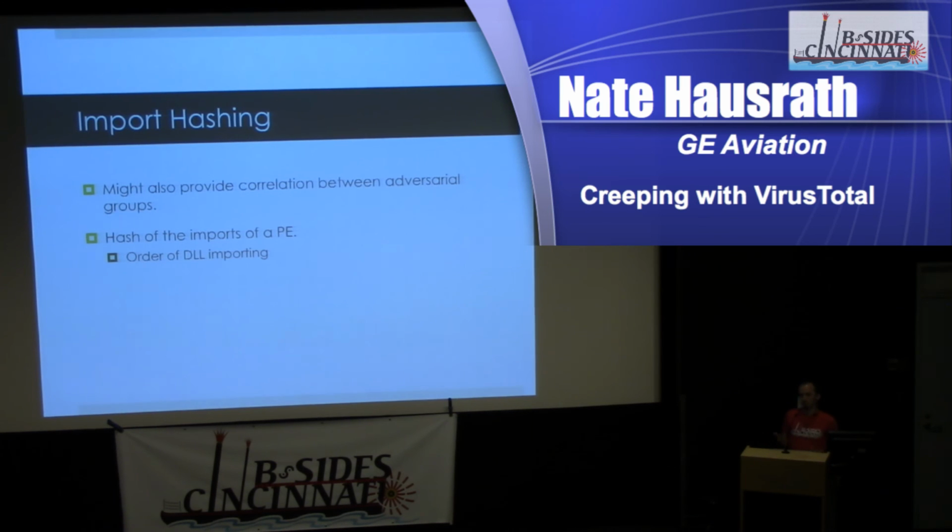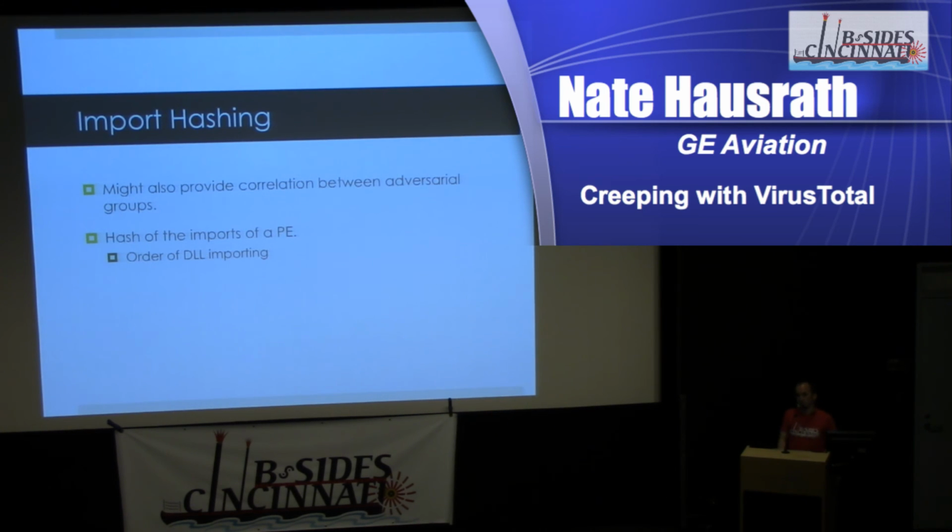So Mandiant, I guess, developed a hash based off that order, and it can theoretically help detect reuse of code, like reuse of the functions or the imports that you're using. VirusTotal does provide an import hash of all their files, so you can theoretically find import hashes that match certain groups that you care about and start looking for those. So that's another avenue.